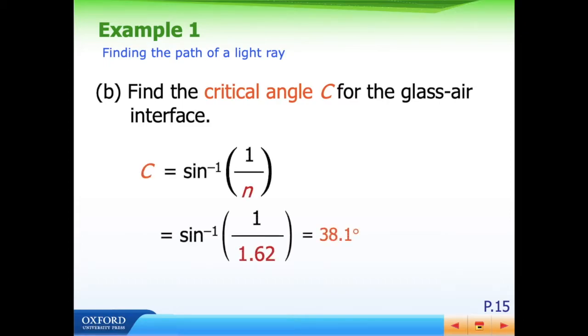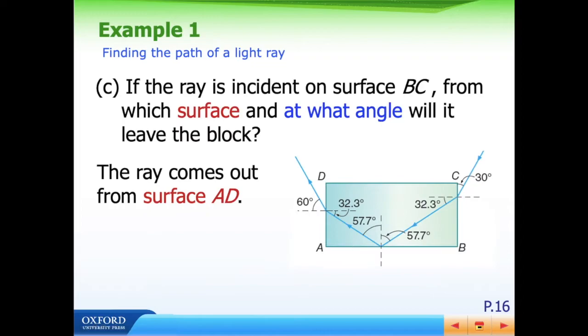Our glass-air interface critical angle can be calculated using this equation, that the critical angle is equal to the sine inverse of 1 over n. And we know our n is equal to 1.62. Therefore, our critical angle will be equal to 38.1 degrees. Letter C question.